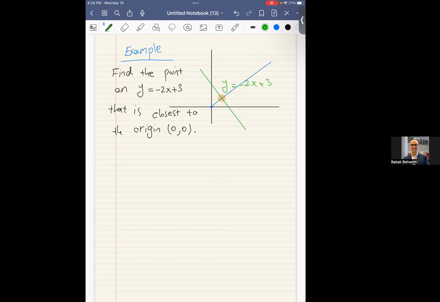What is the slope of the green line? Minus 2. The slope of the green line is minus 2, the original line. What is the slope of the blue line? 1/2.